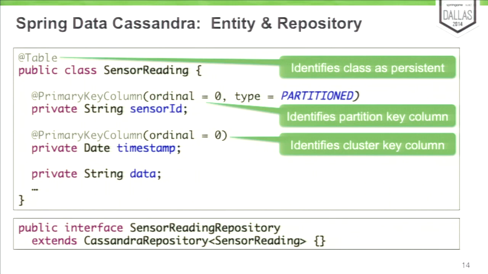It extends a Spring Data Cassandra provided interface called Cassandra repository, and it's genericized, so you just give it the type of the POJO for which this is a repository. That's a bit different than most Spring Data repository interfaces. There's usually two parameter types, the entity type and the ID type. But because we're using Cassandra compound primary keys and probably using our map ID support, you're just going to give me the type of the entity.